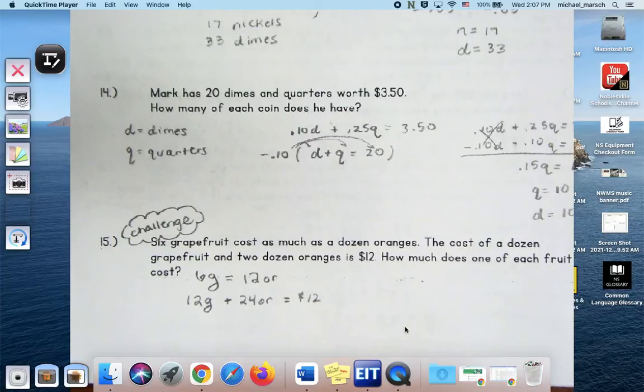Everybody with me? I have my 2 equations with the G's and the OR's. Any ideas how I can start this?